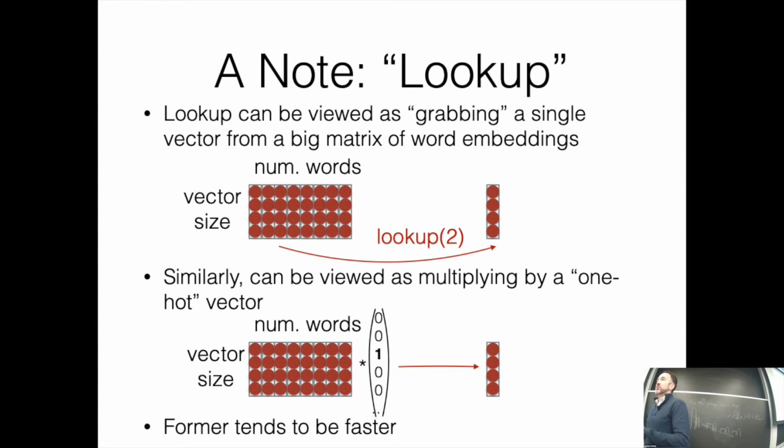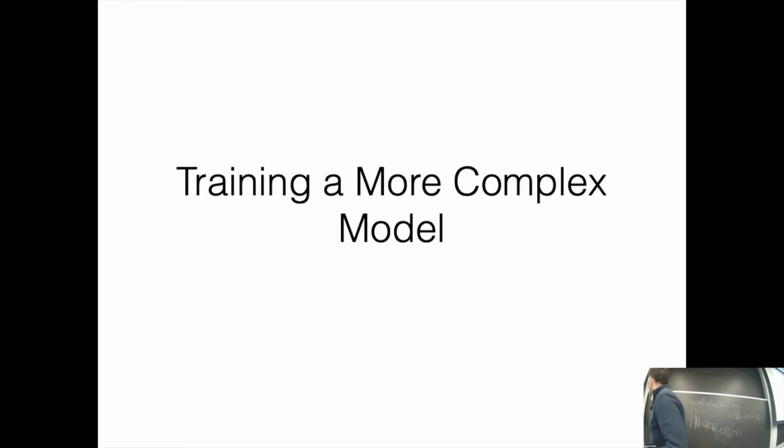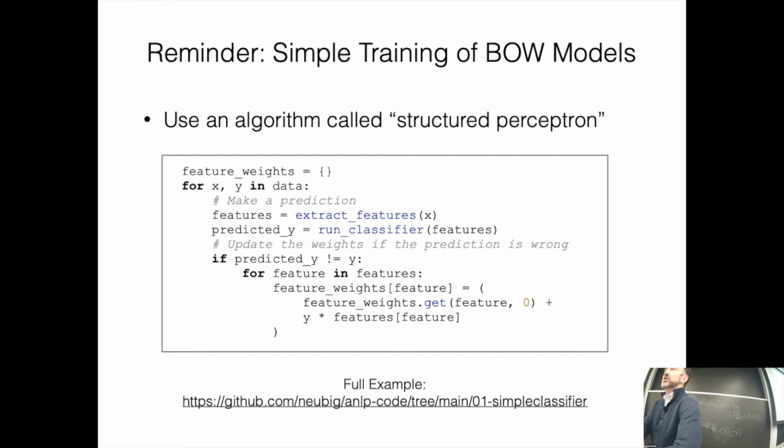I'm going to talk about how we train next, so maybe I could go into that. Okay, cool. So how do we get the vectors, like the question asked before? Up until now, we trained a bag of words model using the structured perceptron algorithm, where if the model got the answer wrong, we would either increment or decrement the embeddings based on whether the label was positive or negative.